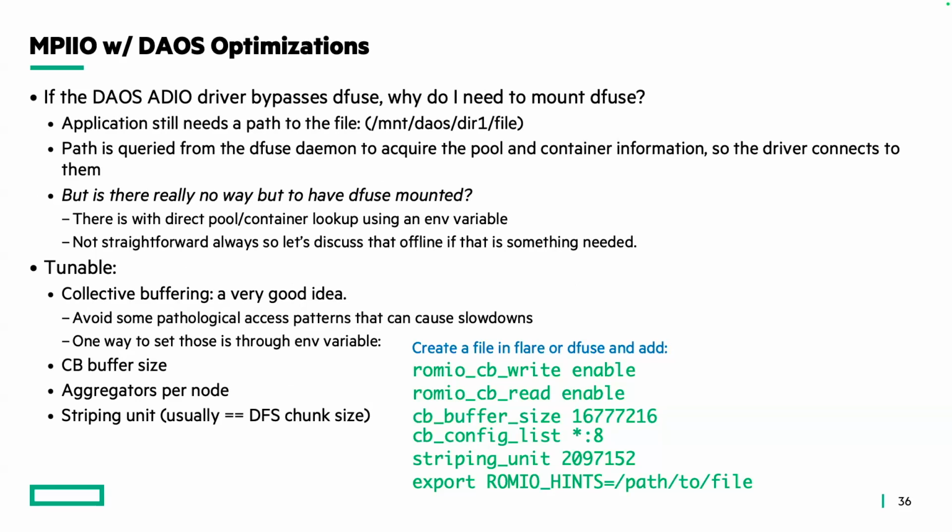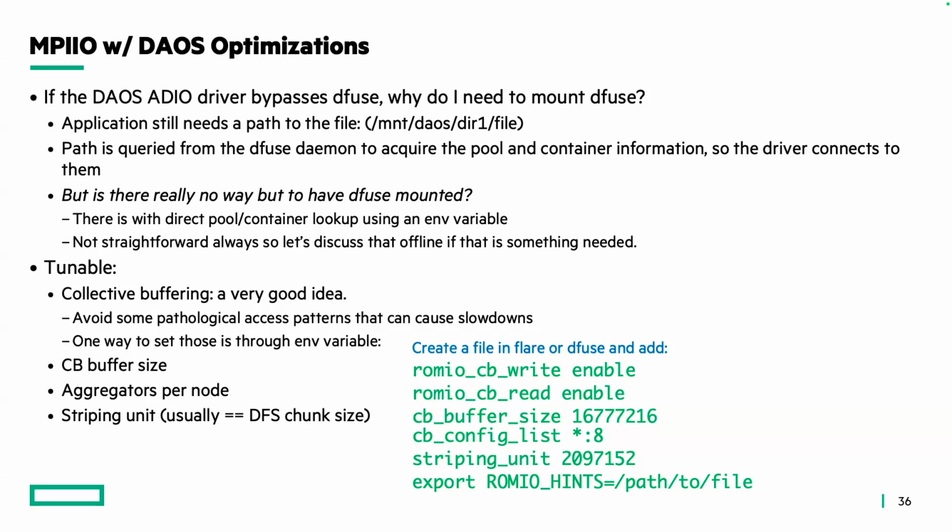The question is, do I still need to mount dfuse? Yes, the application still needs a path to the file. Dfuse gives you this namespace or a current working directory where you run your application from, so to provide that path to the file, you need dfuse. Dfuse is not used for I/O, but you still need it.